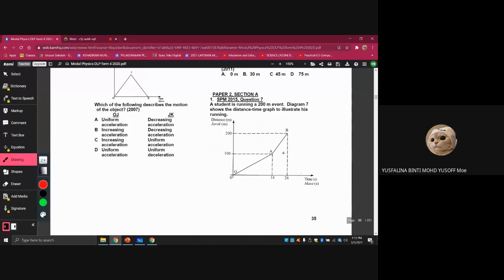So what is the teacher? This one, the teacher posted in GC. I think so. I posted. I didn't post it. Is it? Anyone? Wait, I check first. I think I posted already 2.1, right? Wait, teacher check first.